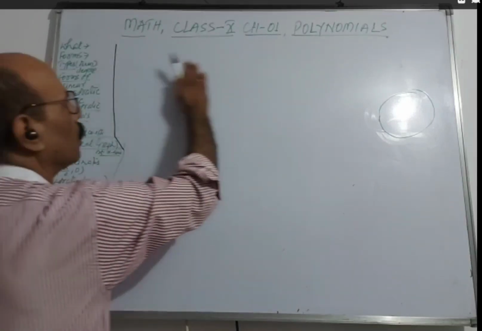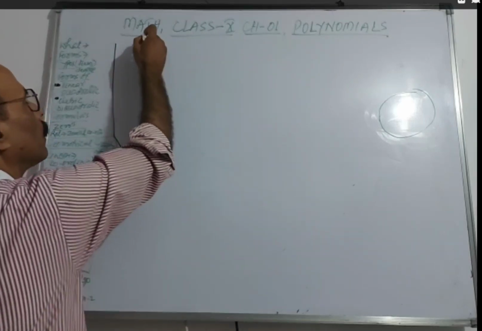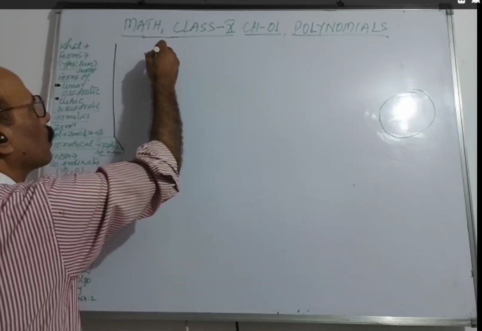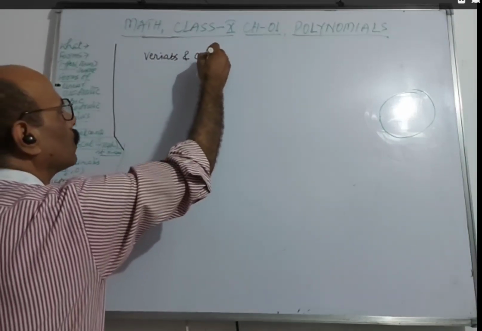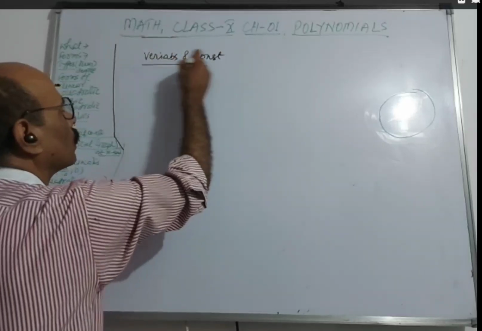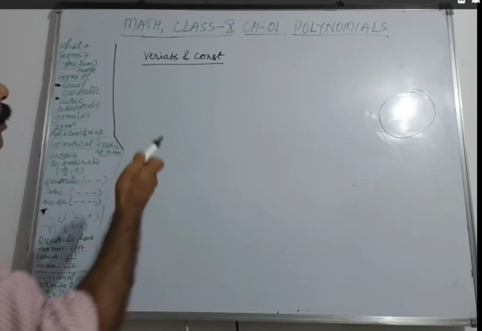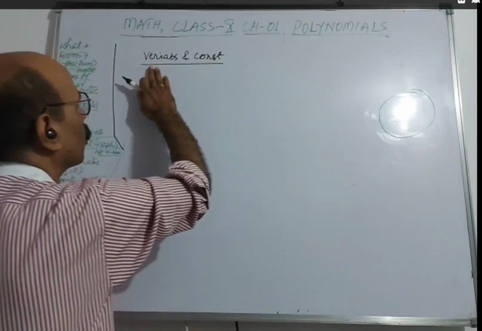A polynomial is a combination of variables and constant. What type of combination?